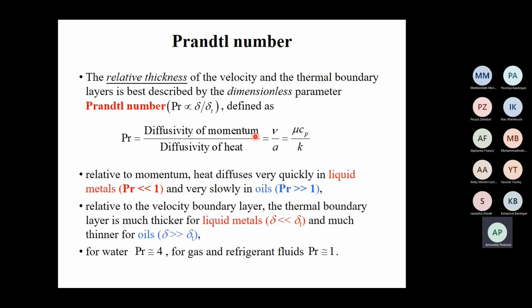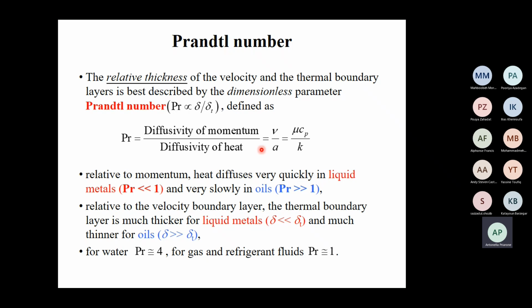So it is the ratio between the ability of a fluid to diffuse motion and the ability of a fluid to diffuse heat in terms of perturbation of the temperature field. This is the basic definition.